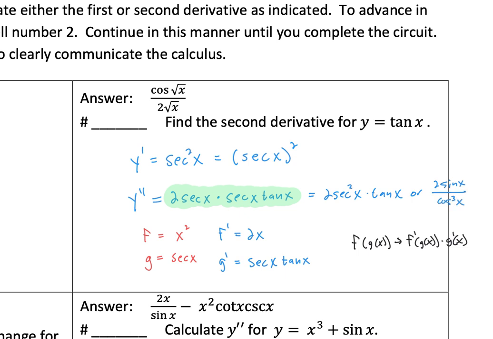They might do that just to be tricky. These secants are all 1 over cosine, and tan is sine over cosine, so you've got 3 cosines in the bottom and a sine in the top. If it's multiple choice, it'll probably be 2 secant squared tan, but it could be that.